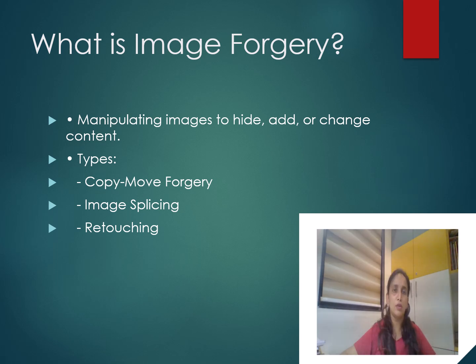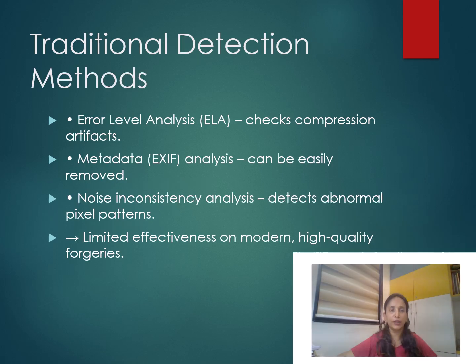So, what are traditional detection methods? Before deep learning, image forgery detection depended on handcrafted or statistical methods. For example, error level analysis. This is one type of traditional detection method where you check the compression level to identify the differences in image regions.